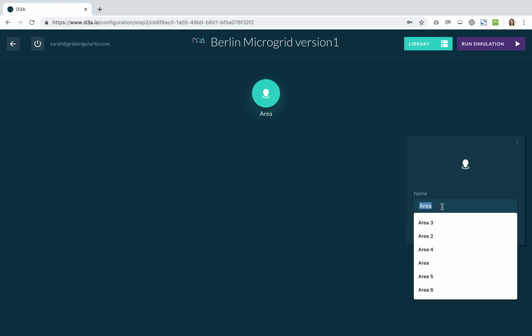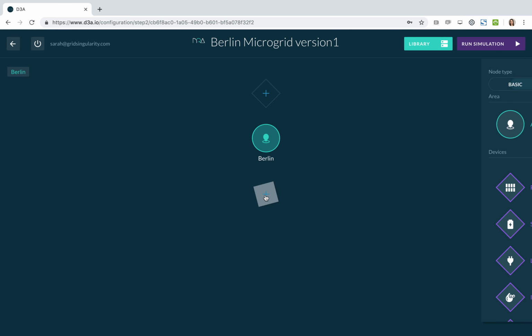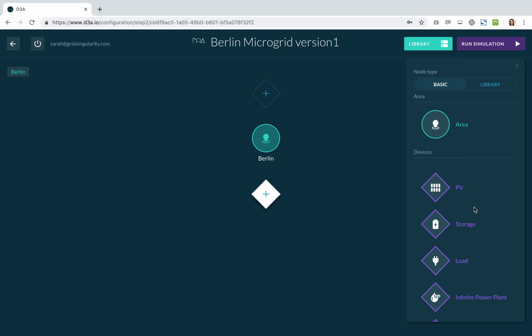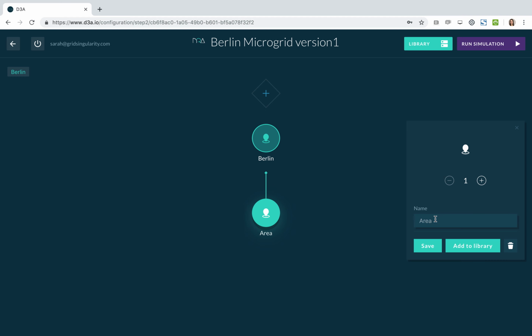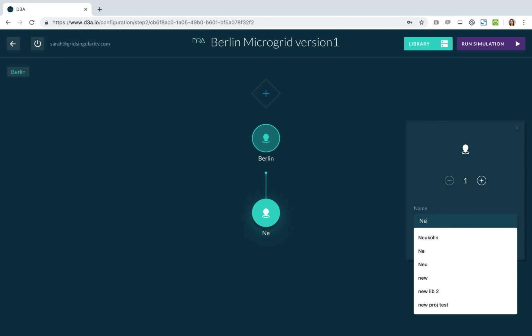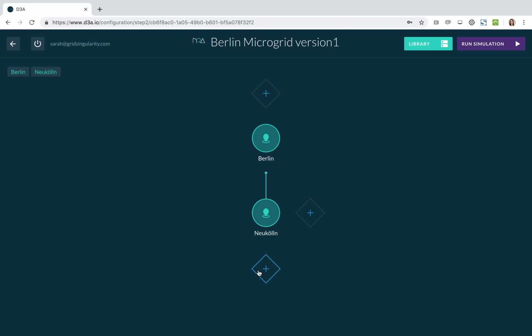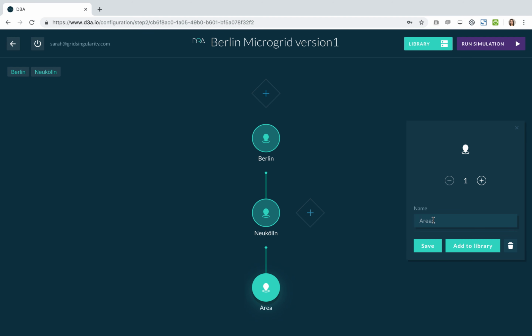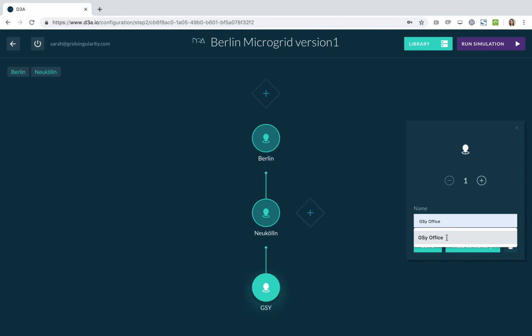So I'll call this Berlin. And then inside Berlin, I can immediately add all of these other devices. So I'll add another area that's called Neukölln, where our office is located. And then below, I'll add another area for GSY office. It's here.